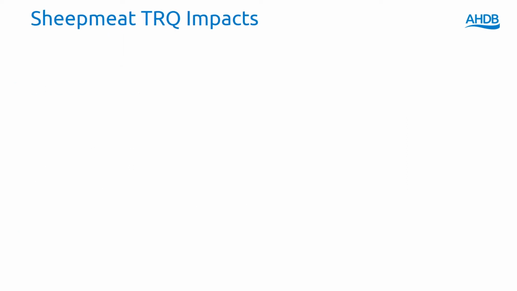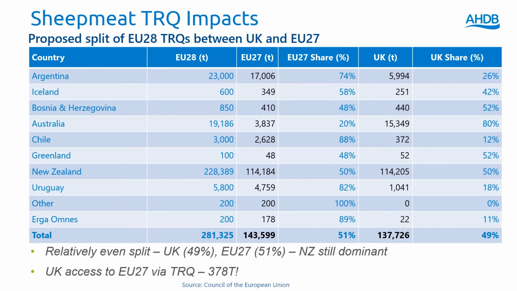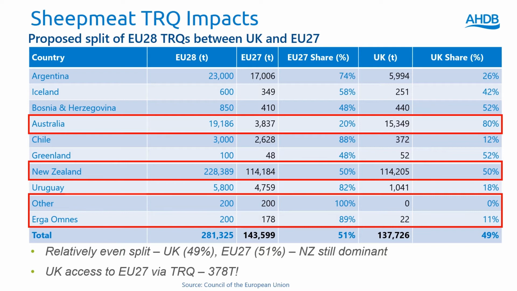So moving on from beef to look at sheep, of course, tariff rate quotas are also applicable in the sheep sector as well. And coming up on your screens, we've given a detailed breakdown of how the EU27 and the UK's allocation of TRQs would work out. A few key points to mention, and it's highlighted on your screen there, worth bearing in mind, particularly in the context of New Zealand, that significant volumes would still be coming in to the UK via a TRQ.